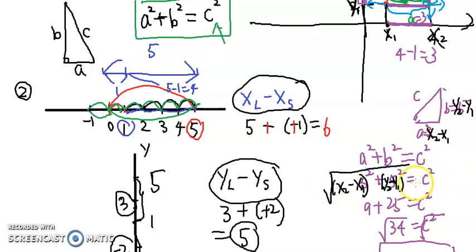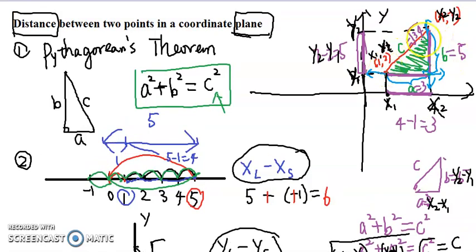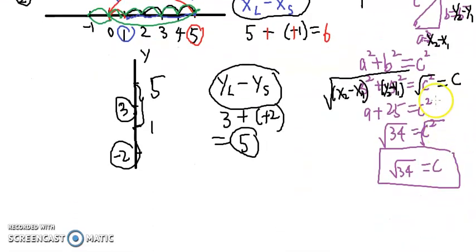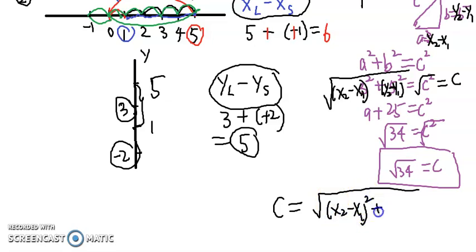The square root will cancel that square, that gives us c. So this line segment c here is equal to that formula. So let me write it clearly. c equals square root of (x2 minus x1) squared plus (y2 minus y1) squared.